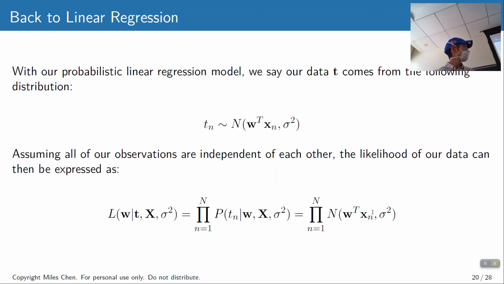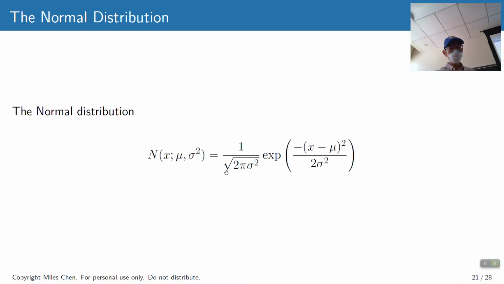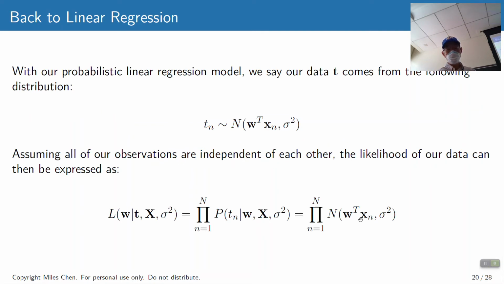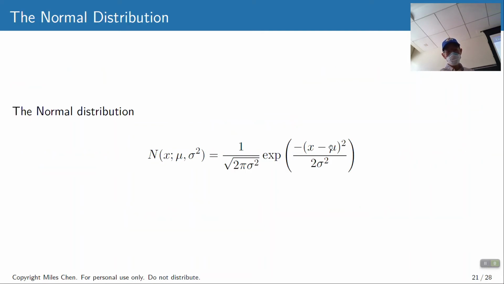The normal density is 1 over root 2 pi sigma squared times e to the negative (x minus mu) squared over 2 sigma squared. Instead of mu, we plug in w transpose x sub n, and that's basically the only difference here.